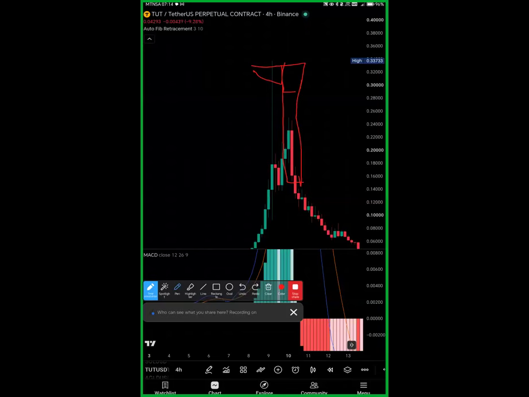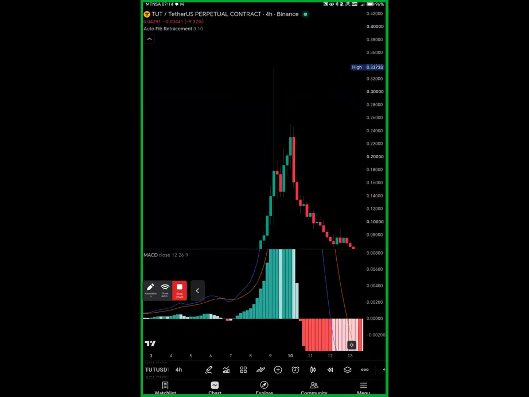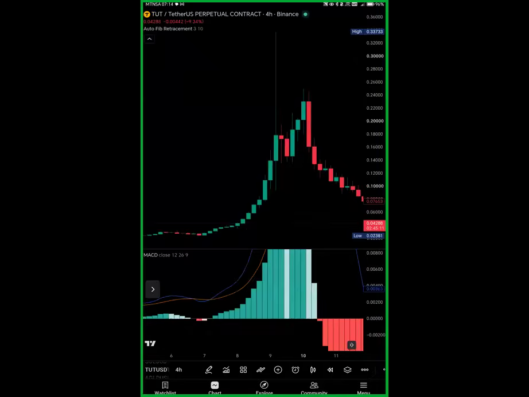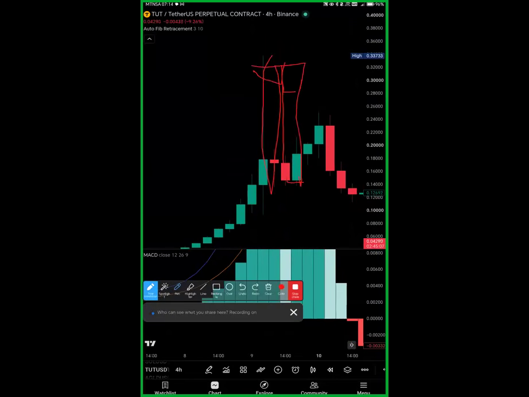When a price shoots up in just one candle, like what happened here, you can see this candle. Price moving from this, this is the lowest, this is the highest. The price went high up here.